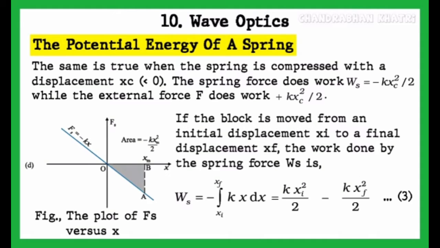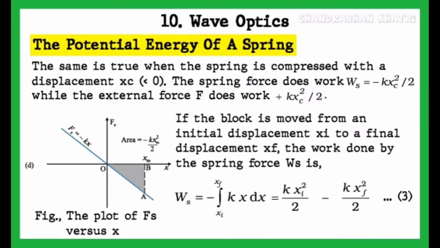The same is true when the spring is compressed with a displacement xc less than 0. The spring force does work Ws equals minus kxc square upon 2, while the external force capital F does work plus kxc square upon 2.